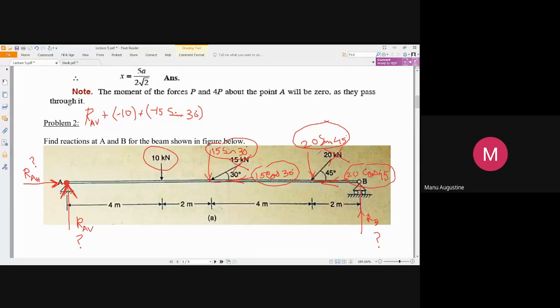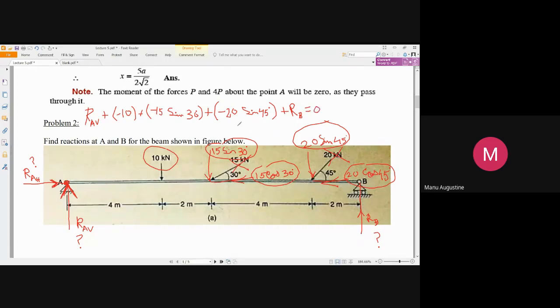Next one is 20 sine 45 downwards. So add it with a negative sign. 31.68. But the problem is 12.82. Now there is another force RB which is in the upward direction. So plus RB. These are all the vertical forces. Okay. And the sum of all these has to be equal to 0.